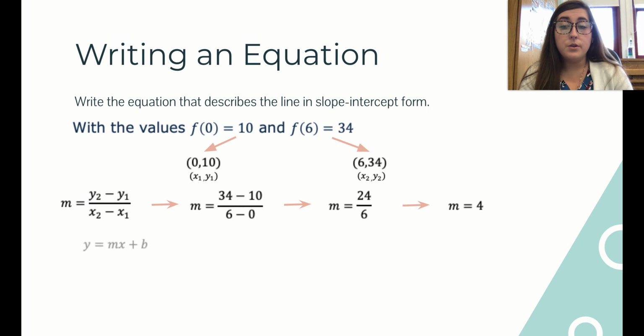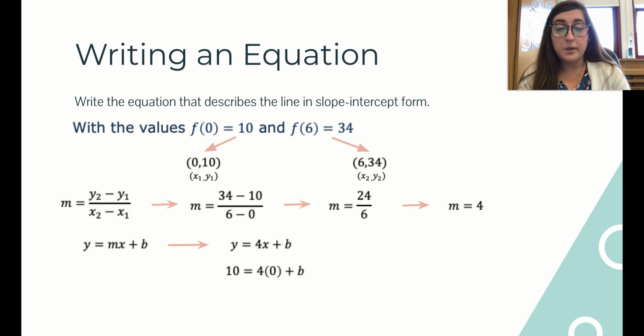So now when you go to slope-intercept form, which is y equals mx plus b, you know your slope is 4, and you can plug that in, and now the only variable left to solve for is b. So I took the point (0, 10) and plugged it in for x and y. You could take the point (6, 34) and also plug it in for x and y. It doesn't matter which point you plug in, you should get the same b value no matter what. And we actually get b is equal to 10.